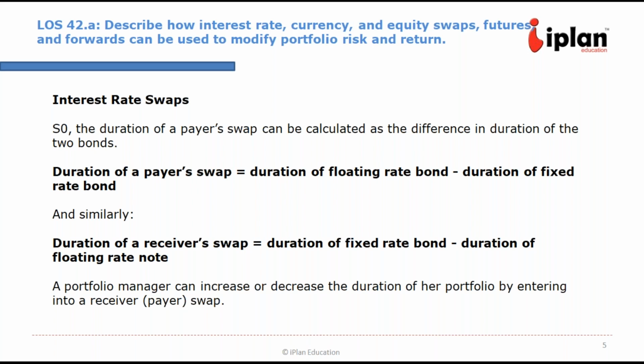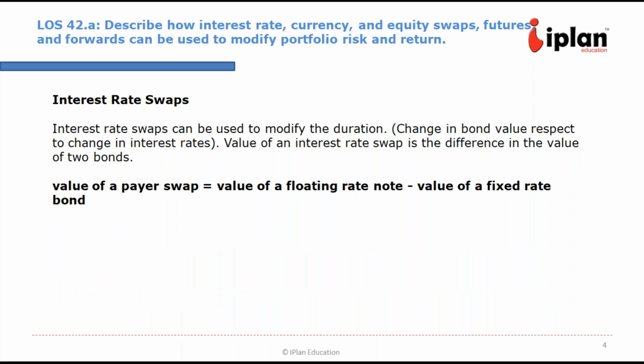So suppose we have interest rate swaps. These can be used to reduce portfolio risk by increasing or decreasing the duration of the portfolio. What is an interest rate swap?